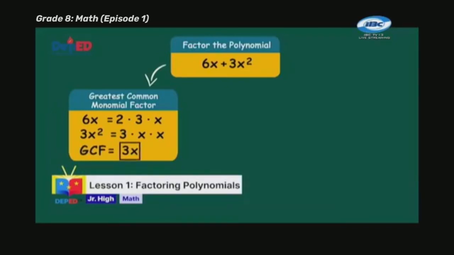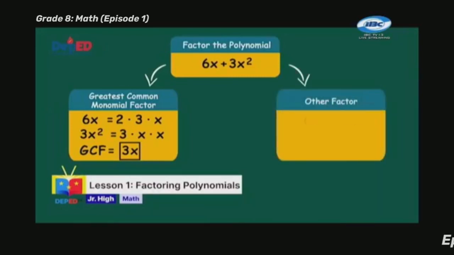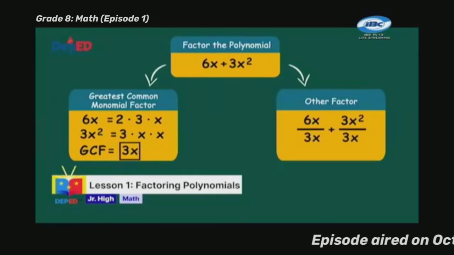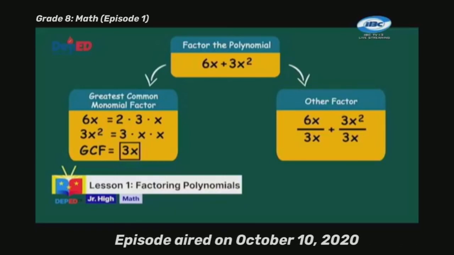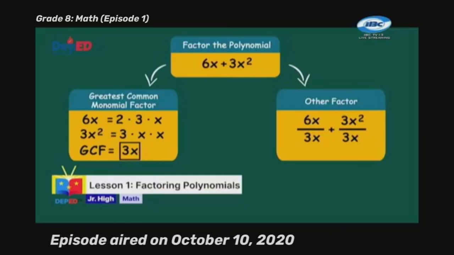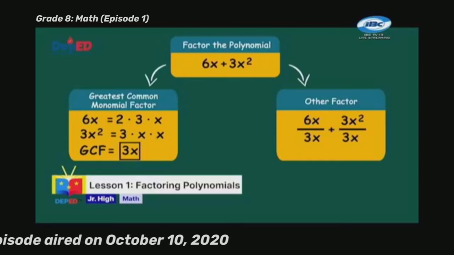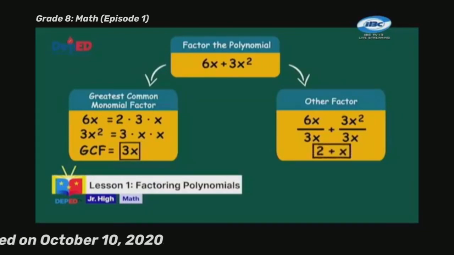To factor 6x plus 3x squared, simply divide each term of the given polynomial by the common factor. 6x divided by 3x and 3x squared divided by 3x. By applying division and the quotient rule in the laws of exponents, 6x divided by 3x is equal to 2, since x divided by x is just 1.